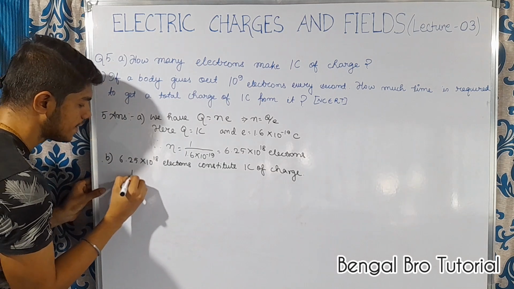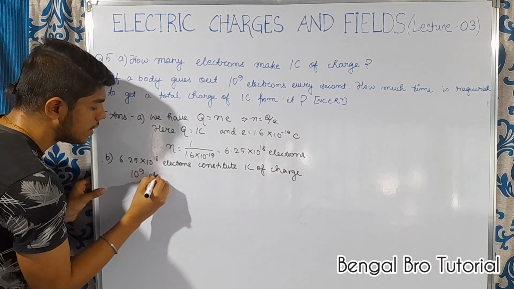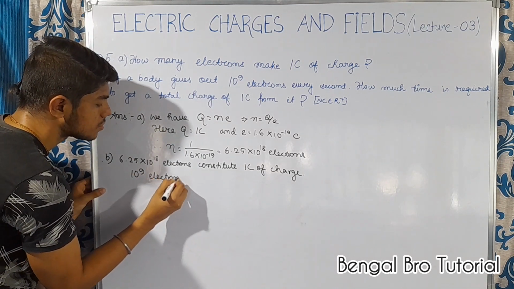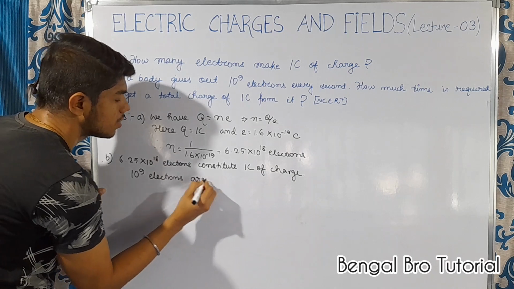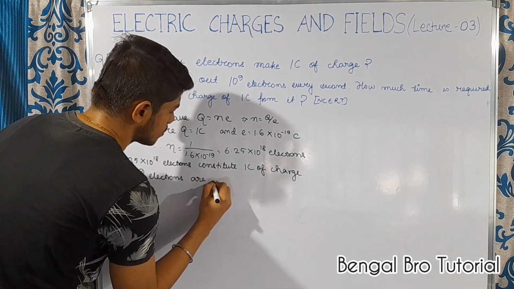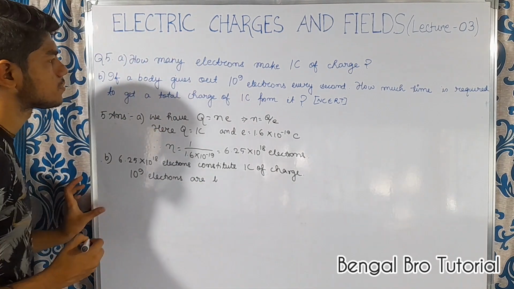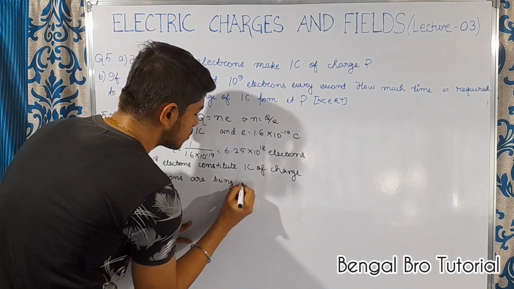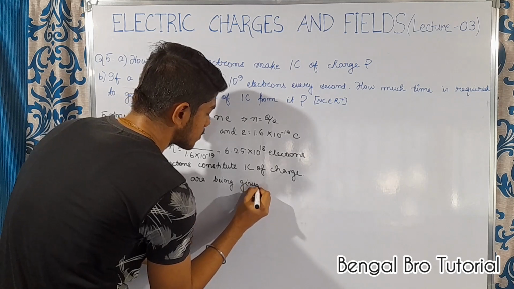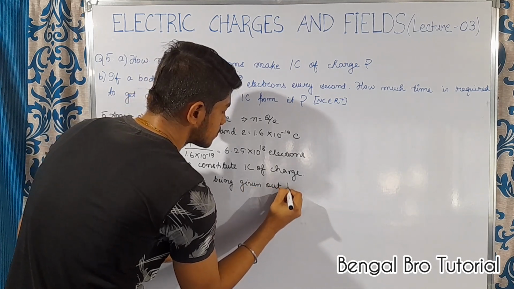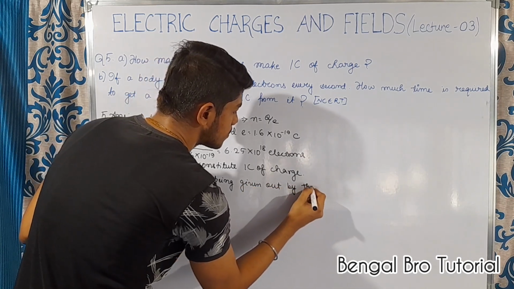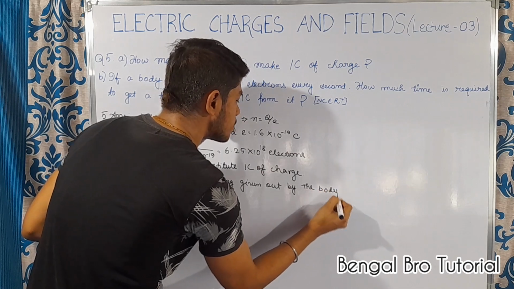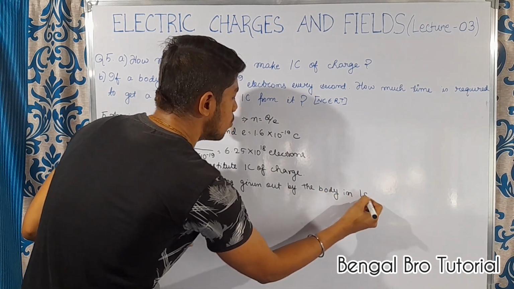Now 10 to the power 9 electrons are being given out by the body in 1 second.